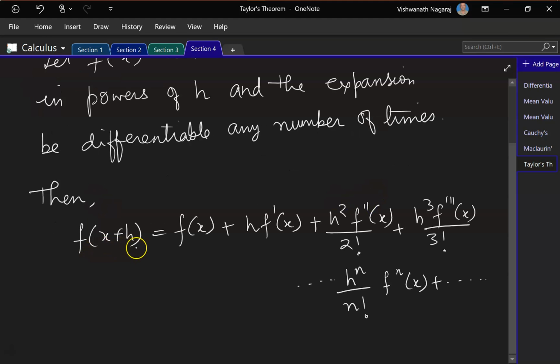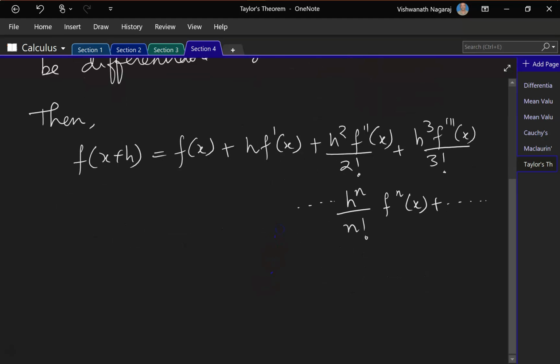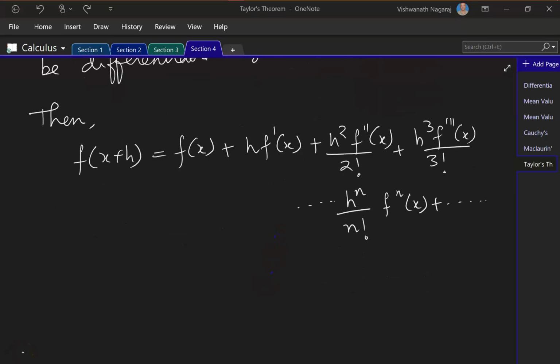Then f of x plus h is equal to f of x plus h times f prime of x plus h square f double prime of x by 2 factorial plus h cube third derivative of f by 3 factorial and so on. Now let's see how to prove it.